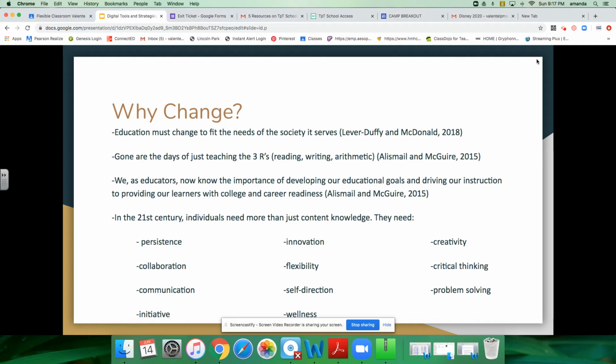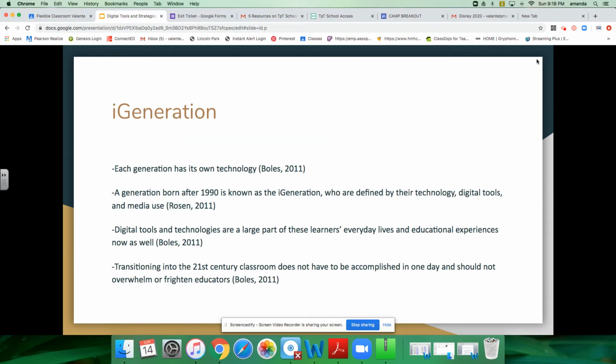As you well know, we've been working on wellness in the past year at our school. So these are skills that our learners need to have in order to be successful in the 21st century. And like I said, many of them are already inherently in our lessons, but I can see a few that I could use a little brushing up on.